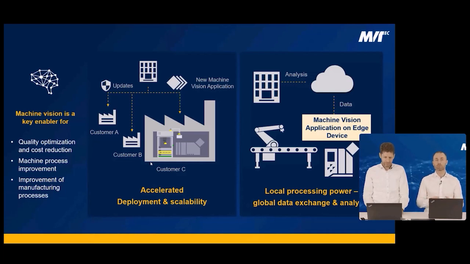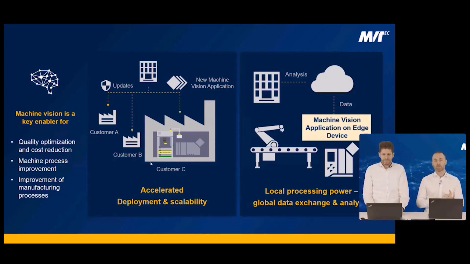In all these, machine vision is a key enabler, and is one of the technologies that can also provide most data, actually. And our advantage from a machine vision provider perspective is that customers have the chance to have an accelerated deployment, better scalability and updating using industrial edge.